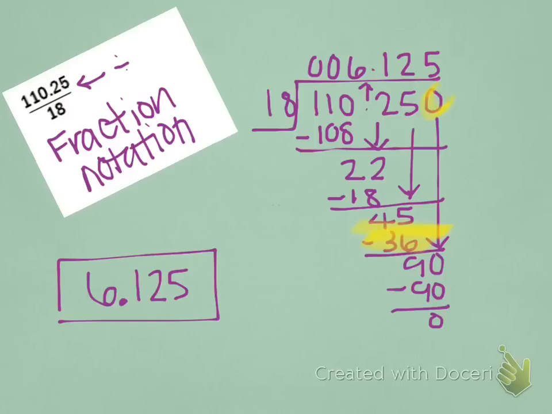So we had to go ahead and add that 0 at the end and bring it straight down. If you're not sure at the beginning where it was 110 divided by 18, if you're unsure of what to do right there, then go over to the side and try to guess 18 times what? 18 times 6 and solve it and see what that gives you so you have a starting point.